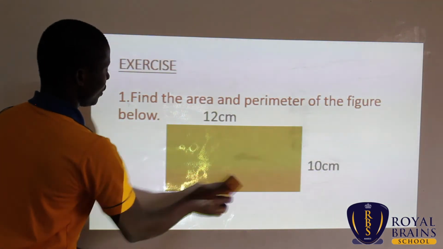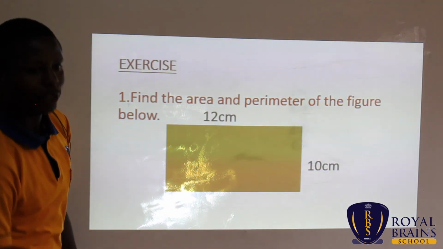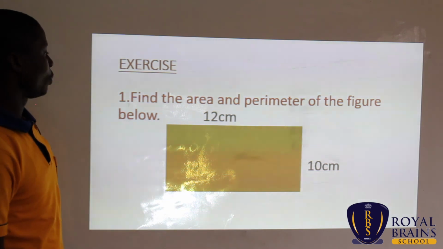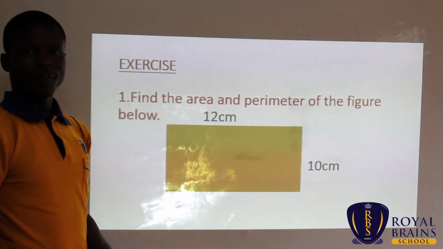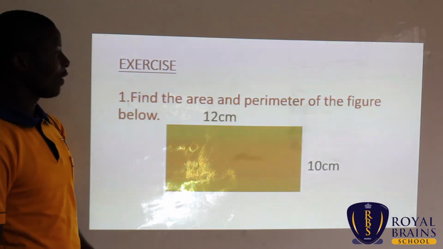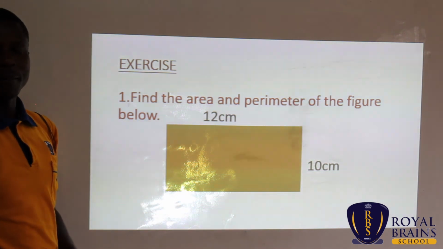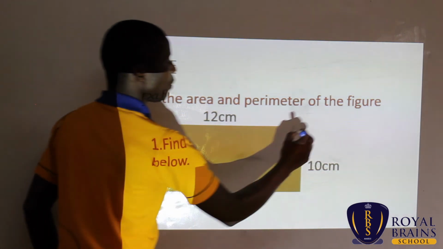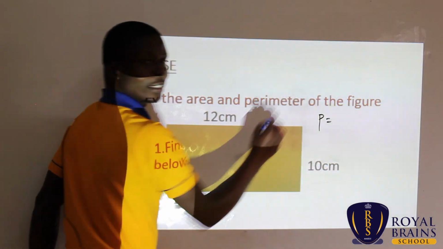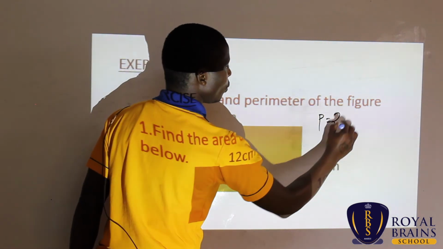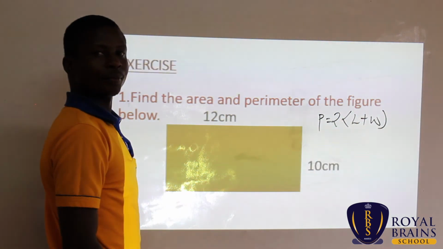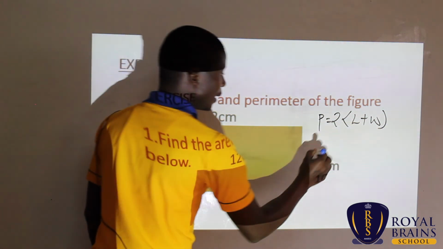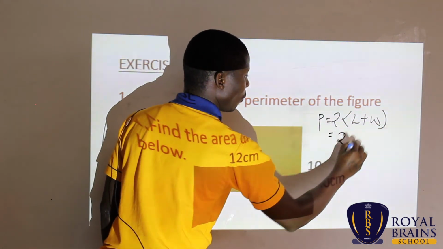Good. Now, this is an exercise we want to do together. Find the area and the perimeter of the figure below. I want to start with the perimeter first. With the first formula, perimeter is equal to 2 into length plus width. So we say 2, what is the length?